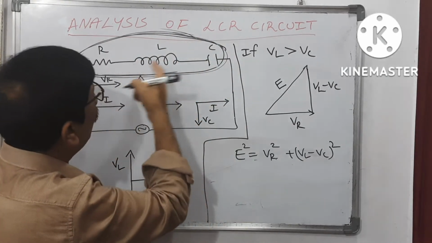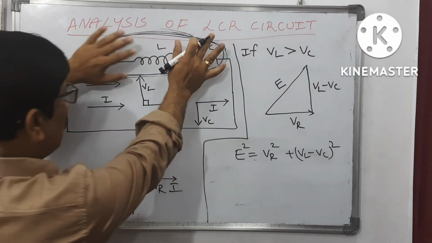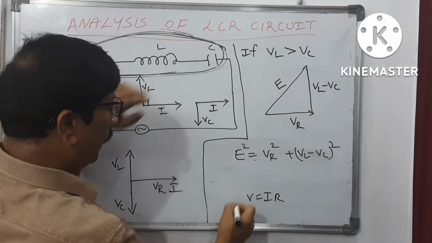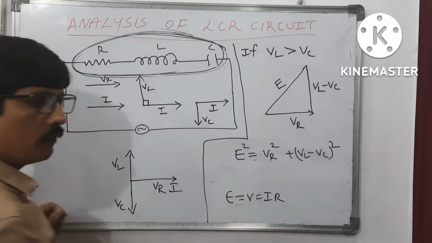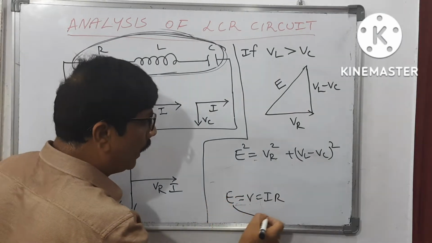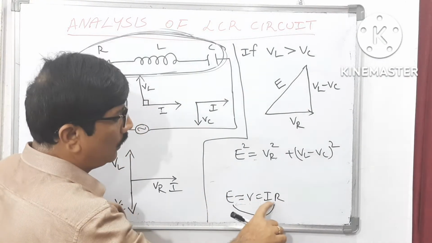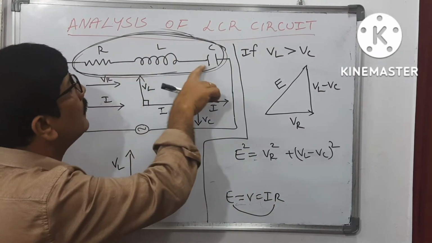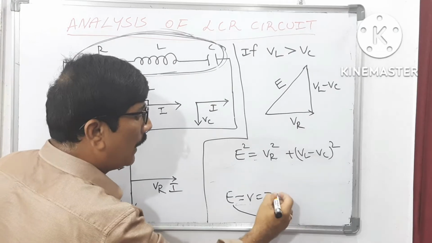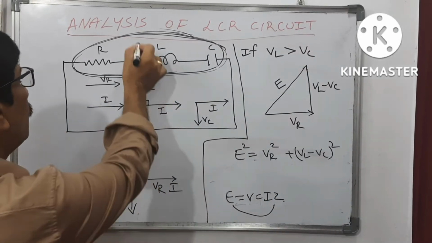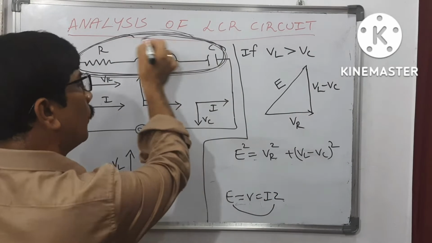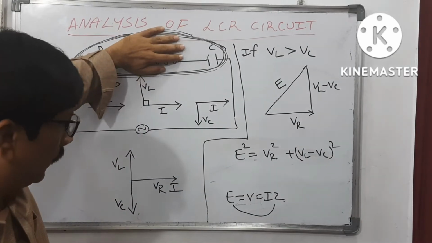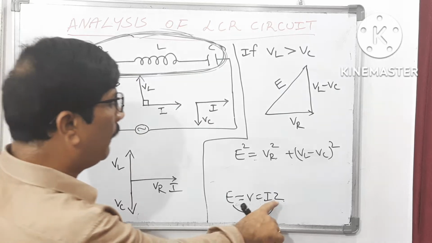You know V is equal to IR, and V can also be written as EMF. According to Ohm's law, E can be written as I into R, current into resistance. But in the place of resistance, we need to write impedance. I already said Z is the opposition offered by these three components to the electric current, called impedance.